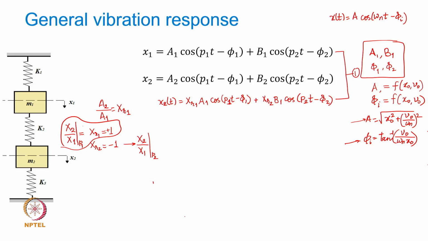So, you take the derivative of x1(t) and x2(t) to find the expressions for the velocity of mass m1 and m2, and then substitute the initial conditions, okay.